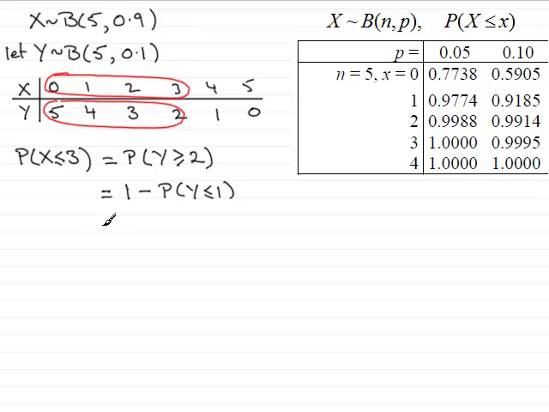Okay? And now I can use the tables, because the probability that y is less than or equal to 1 is given along this row. We just look under p being 0.1 and we look along the row for x equaling 1, and we get this value here, 0.9185. So put that in, do that subtraction, what do we get? 0.0815.